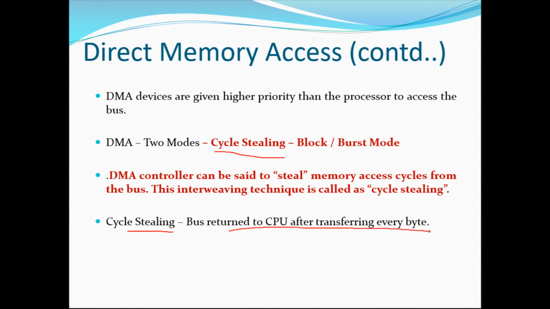If the IO device wants to transfer one more byte, once again the CPU will grant the bus, it will send an acknowledgement, and after receiving the acknowledgement, the bus will be taken by the CPU. That type of technique is called cycle stealing.